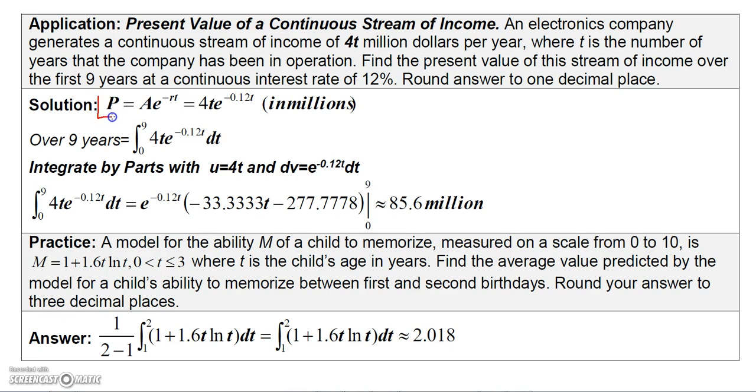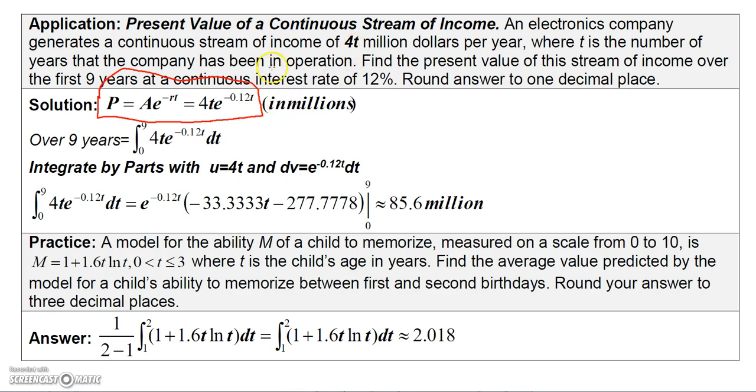Okay, so continuous compounding, remember, is the present value for continuous compounding. It's actually A divided by e to the rt, or A times e to the negative rt. So if I put A in, that's the future income.